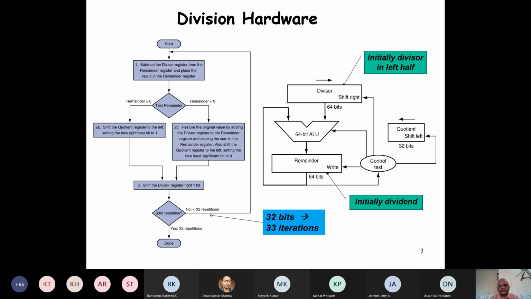And here also the least significant bits of the remainder are zeros. Now we perform a subtraction. Okay, the dividend can be 0, but the divisor is guaranteed not to be 0. And then we perform a subtraction. So what will be the result of this subtraction? Will it be a positive number or negative number? Can anybody answer?